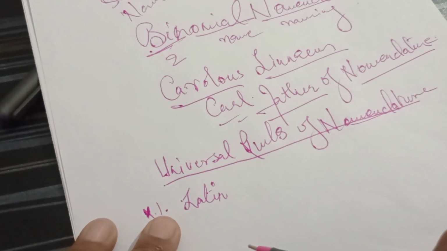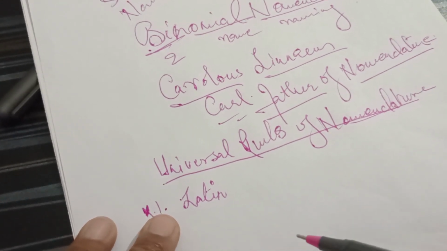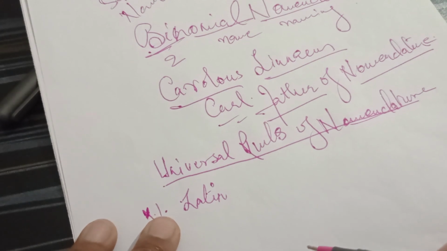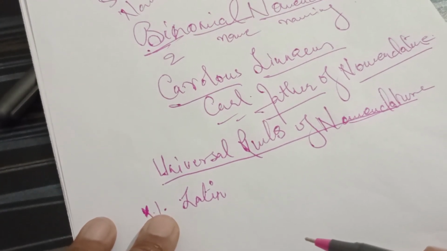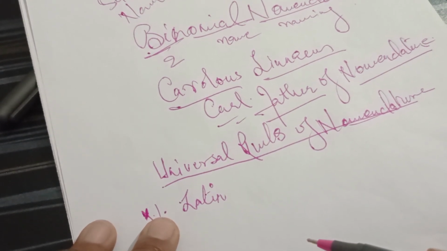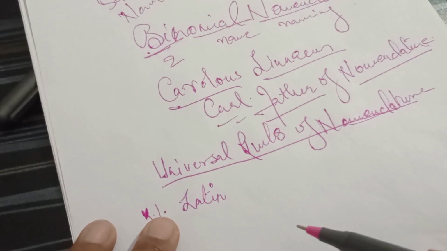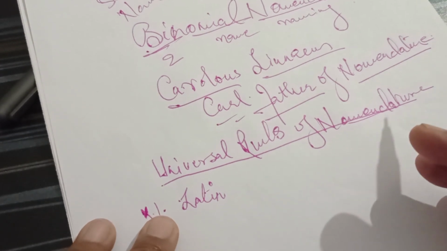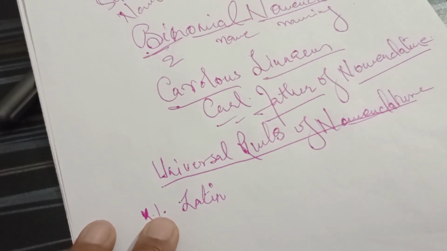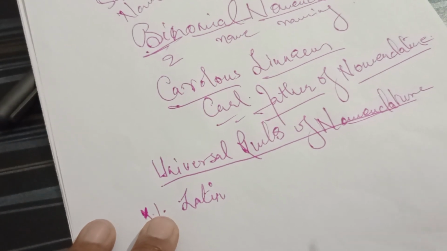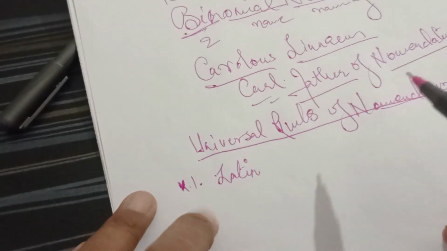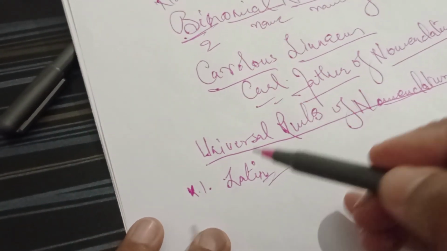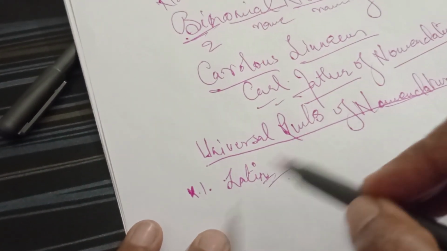So biological names are in Latin and they are written in italics. Wherever you find them in books, you will find all scientific names in italics. They are either derived from Latin or they are Latinized, meaning the origin may be anywhere, but the name is Latinized. Remember, may be of Latin origin, may be Latinized.